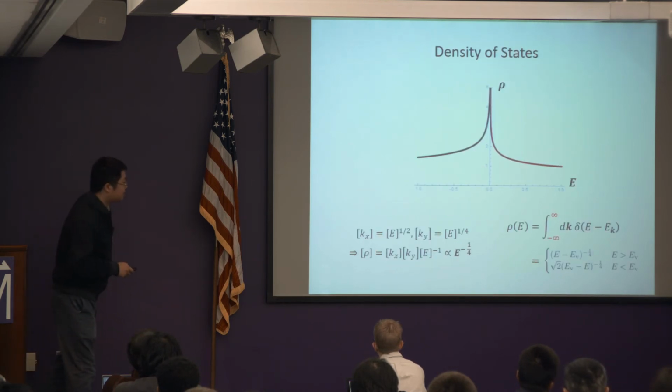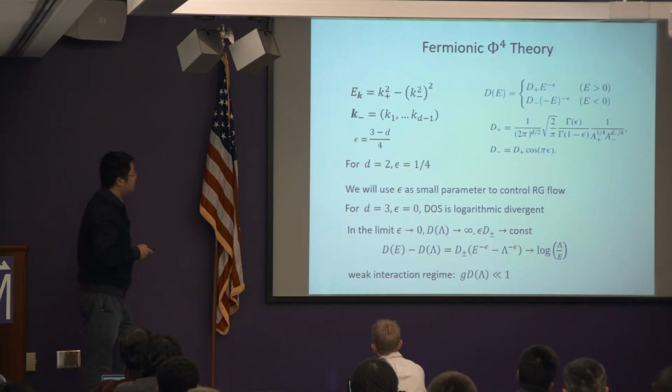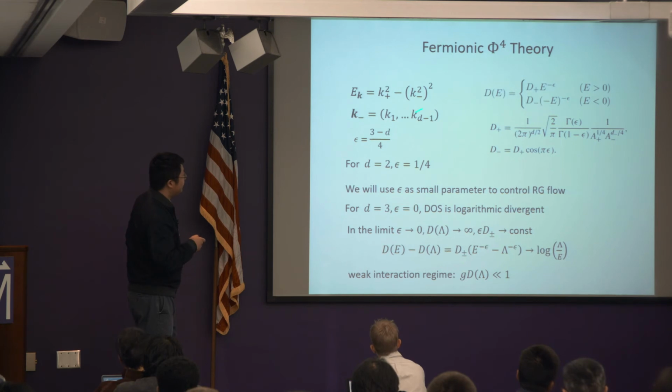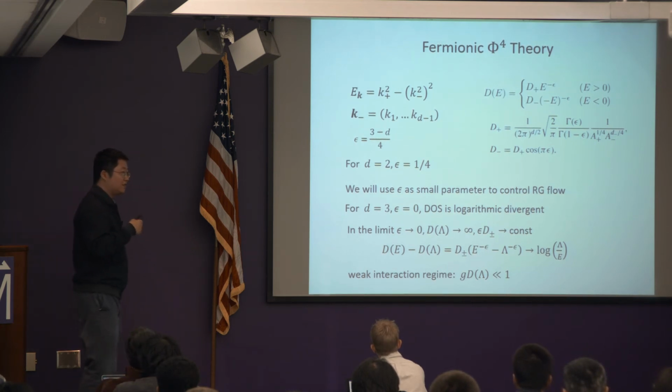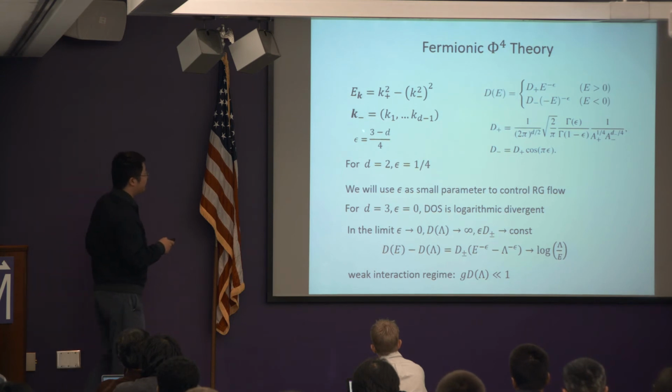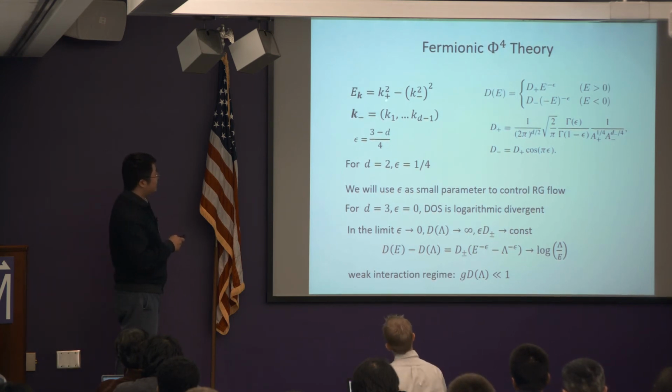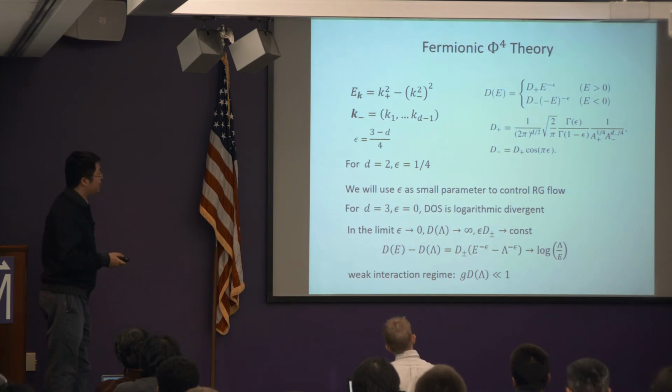So again, let me just skip this. This is the density of states divergence. Now to do this RG analysis, we want to introduce a small parameter to control the new fixed point, and here we use a dimensional expansion. The problem we are really interested in is 2 dimensions with dispersion kx squared in one direction, k to the fourth in the other direction.